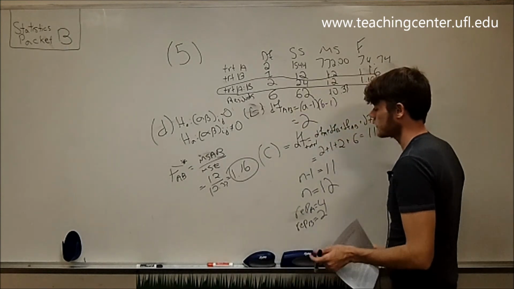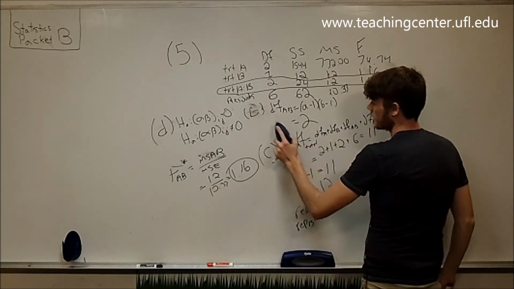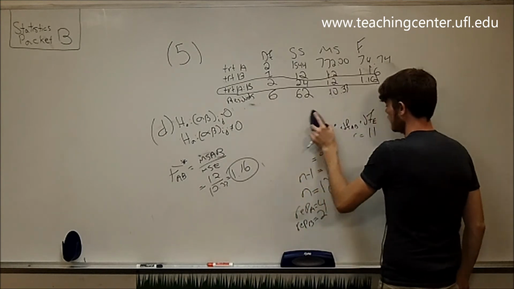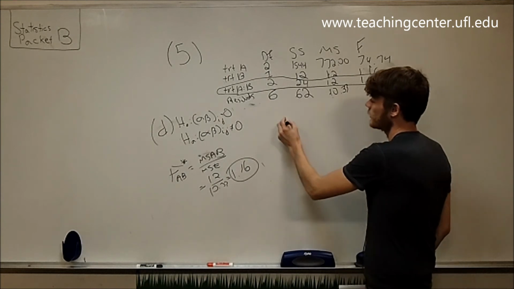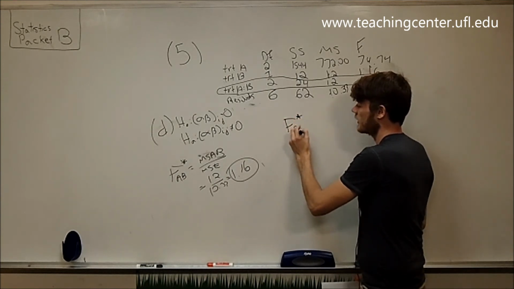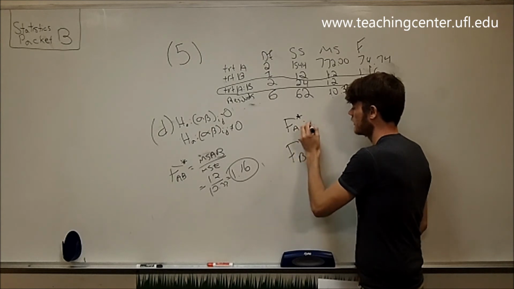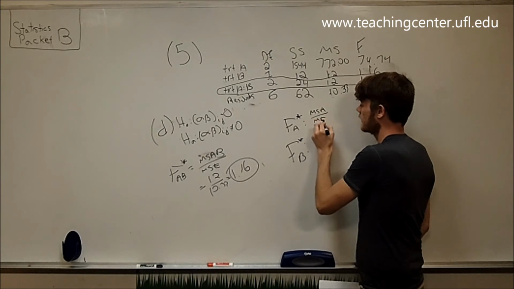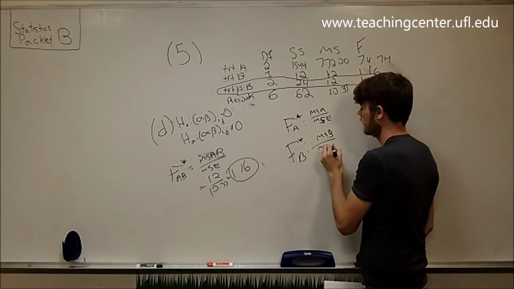Okay, now we're testing for the main effects of A and B. Erase this. Now I'm going to cut right to the chase. So we have F star of A and F star of B: it's MSA over MSE, and MSB over MSE.